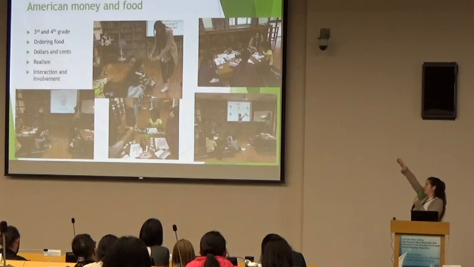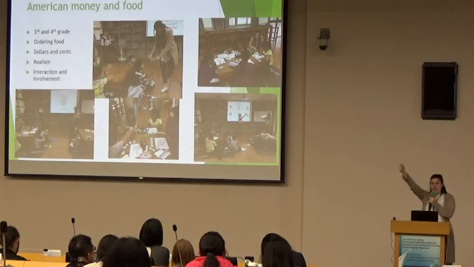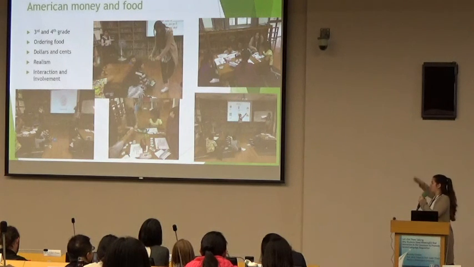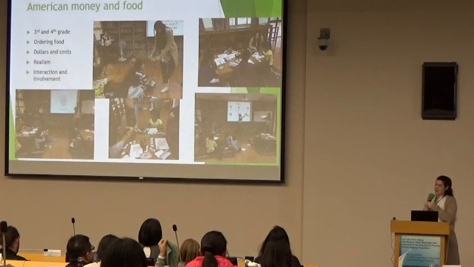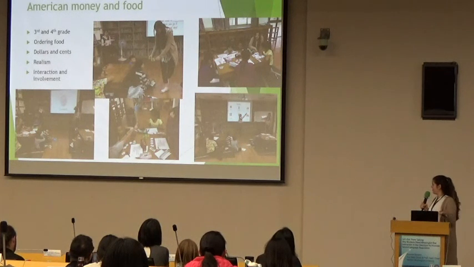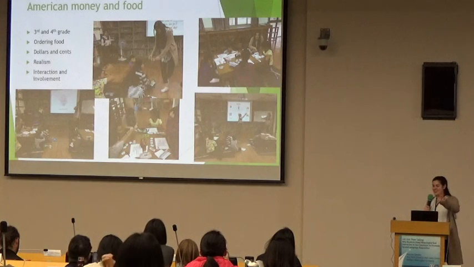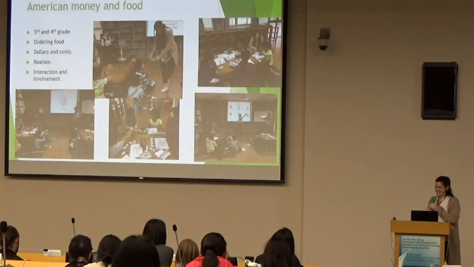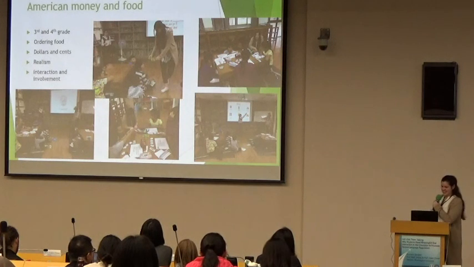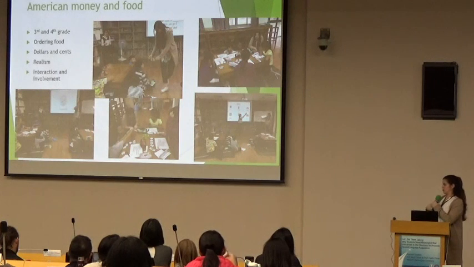And they would all say, oh, it's 25 cents, so they could all show me. And we got to incorporate a little bit of math because they had just learned decimals. So I said, show me $2.50. And they all got out their $2 and the 2 quarters. So they were really interactive with that, and they actually got to talk with me.